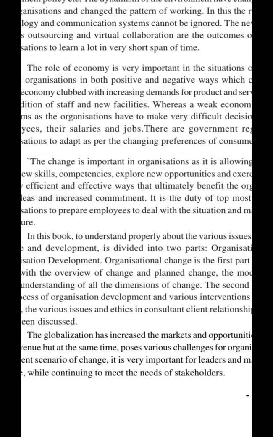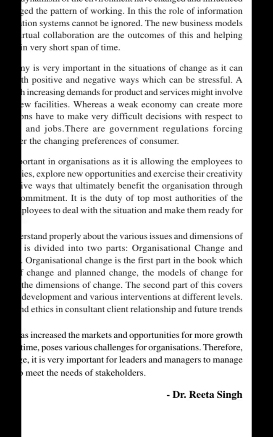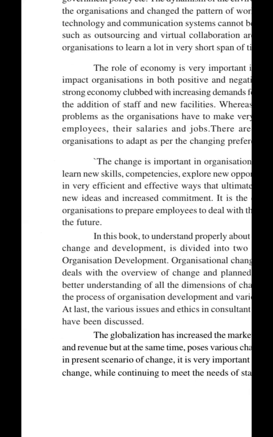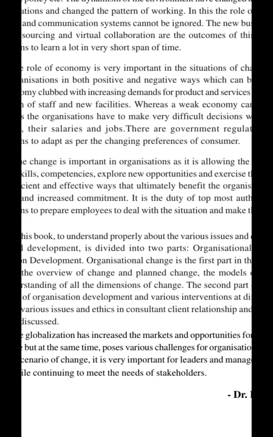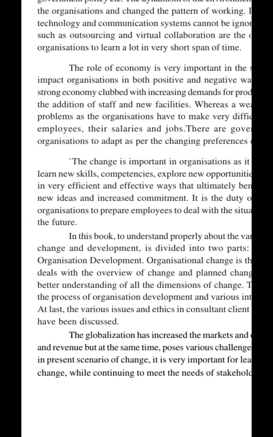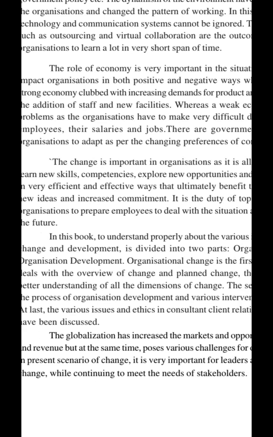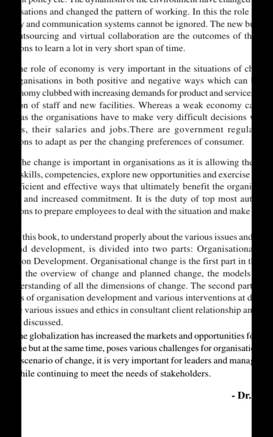This book, to understand properly the various issues and dimensions of change and development, is divided into two parts: organizational change and organization development. Organizational change is the first part of the book, which deals with the overview of change and planned change, and the models of change for better understanding of the dimensions of change.